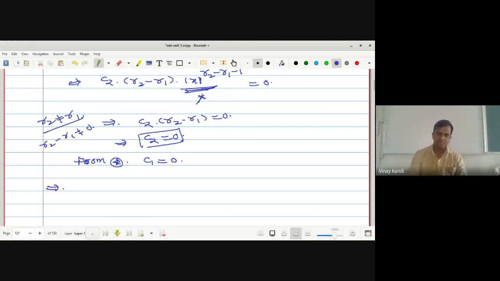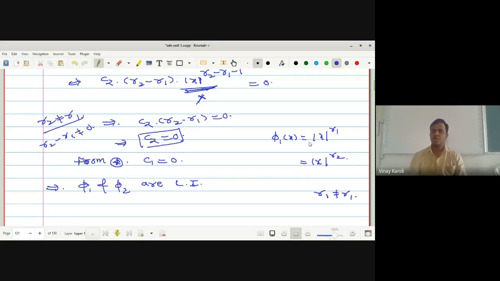That implies phi 1 and phi 2 are linearly independent. You should first understand that phi 1 of x is mod x raised to r1 and phi 2 is mod x raised to r2, and r1 is not equal to r2. Is either function a multiple of the other? It is not visible anywhere.